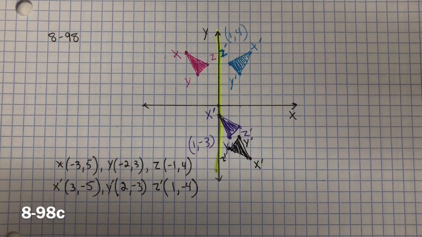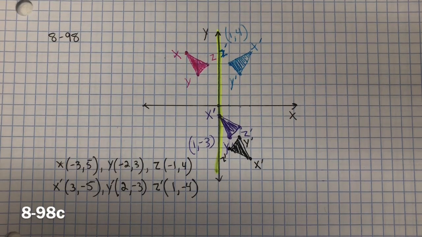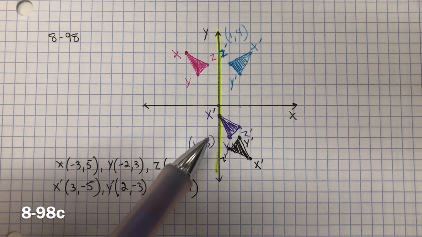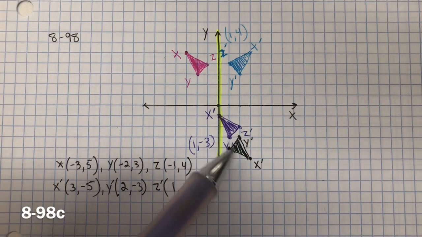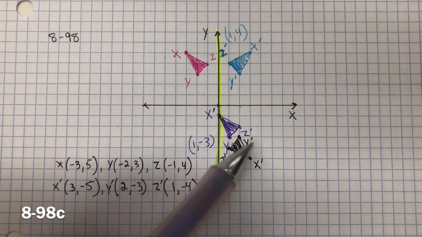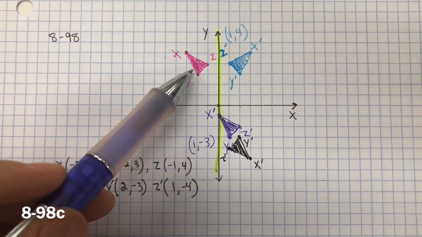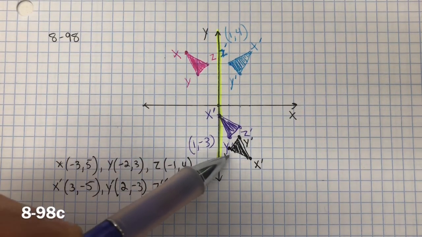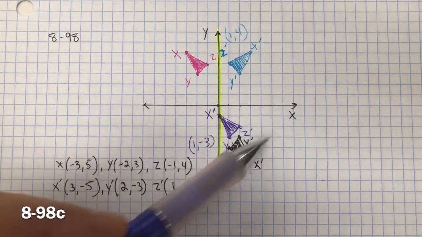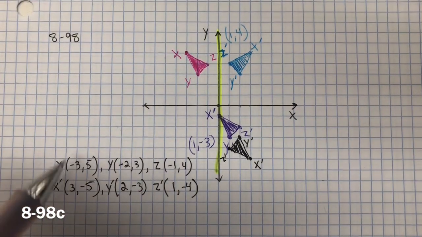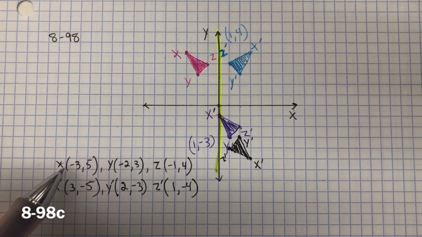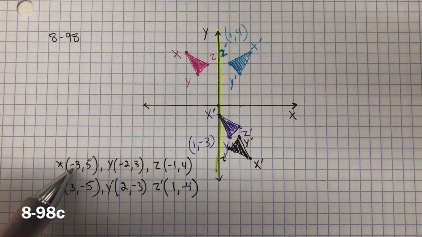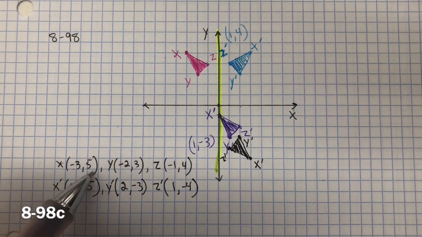And it says, describe the new shape that you create. The new shape that I created is the same size, same shape, but you can see that it's been rotated 180 degrees, either counterclockwise or clockwise, because remember the rule for 180-degree rotation is the opposite of your x and y coordinates.